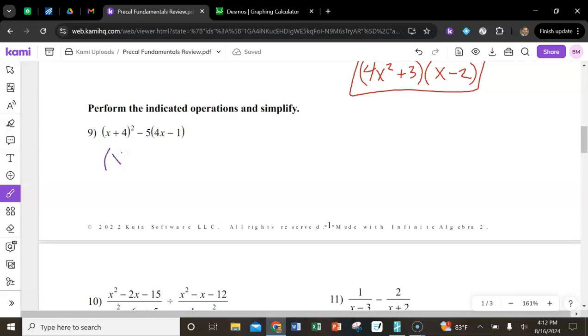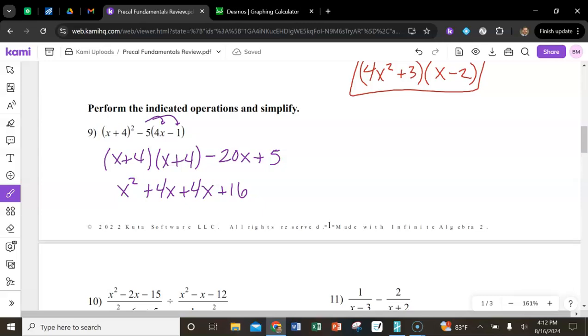Okay, that is the task on number 9. I'm going to write out x plus 4 twice. Make sure you do that. You cannot distribute the square there. But then I would distribute that negative 5, so it's going to become minus 20x and plus 5. And then I would FOIL this out, and I would get x squared plus 4x plus 4x plus 16.